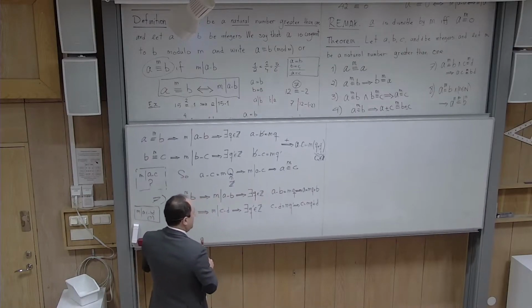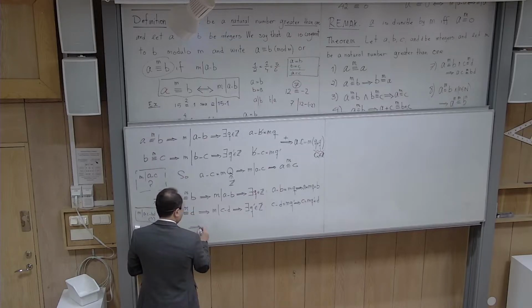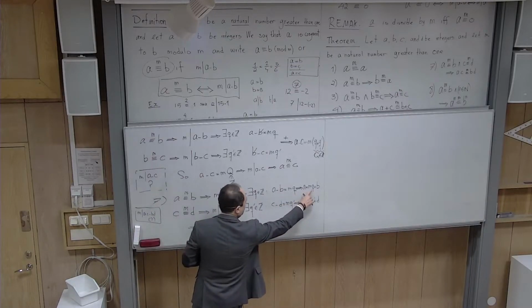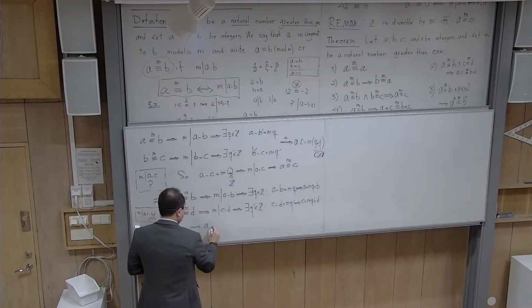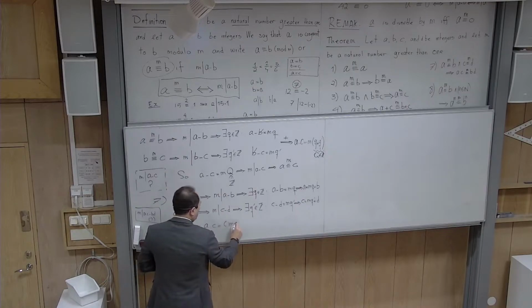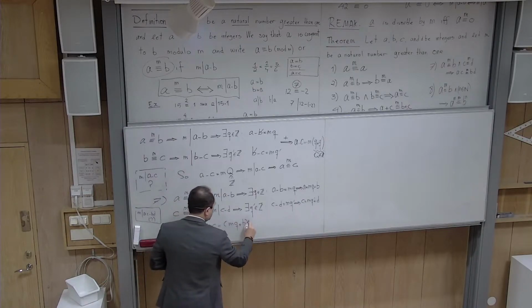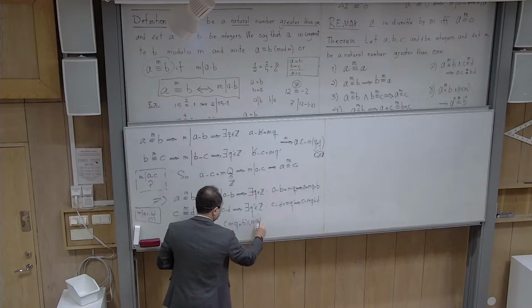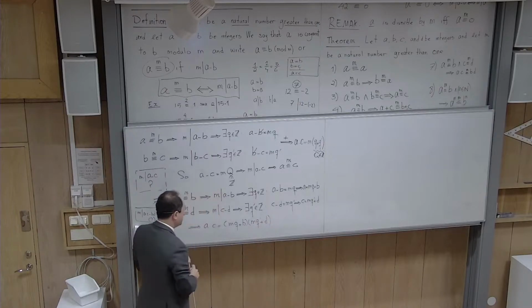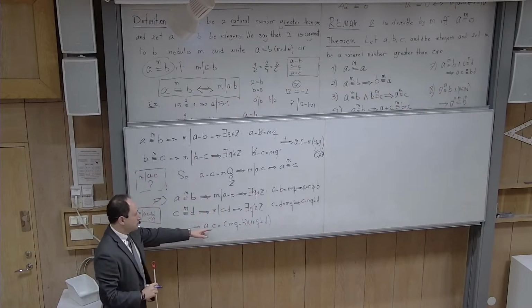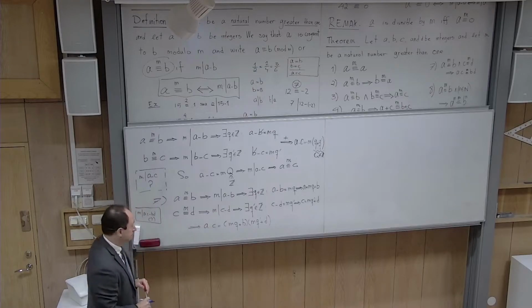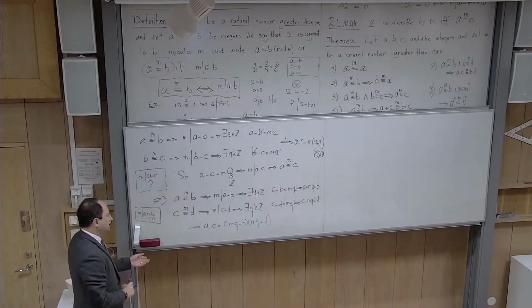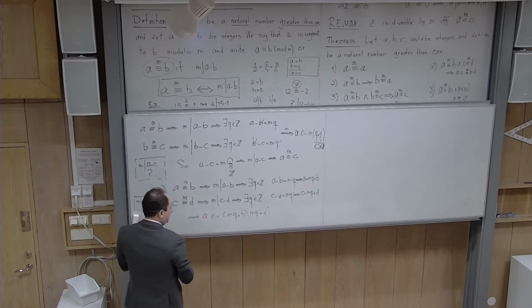Okay, so now I multiply them side by side. If a is equal to that number, and c is equal to that number, I am allowed to conclude that a times c is equal to m q plus b times m q prime plus d. Based on what? Based on the properties of the equality sign. Then a simple algebra is involved.